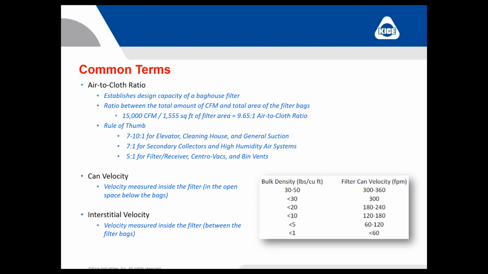But if you have a product that's, say, 10 pounds per cubic foot, it's just going to hang up in the filters. It's never really going to settle unless you have a can velocity of 120 to 150 to 180 feet per minute. So it depends on your product for the can velocity that you need.